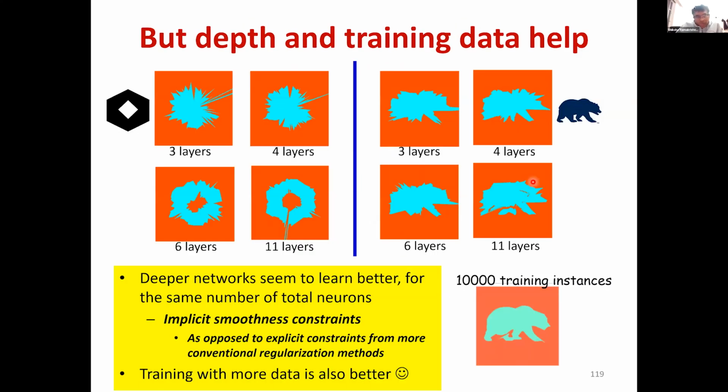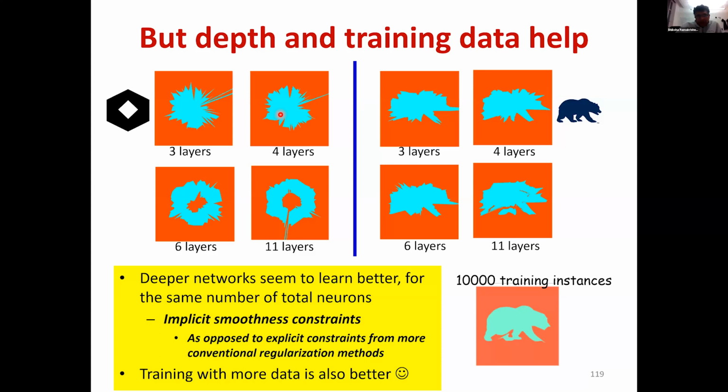Now here, we are not actually performing any kind of weight regularization in this example. We were trying to learn a decision boundary that looks like this bolt in the first case and like this bear in the second case. And we have 660 neurons in each case. When they're arranged as 3 layers of 220 neurons, this is the decision boundary it gets.